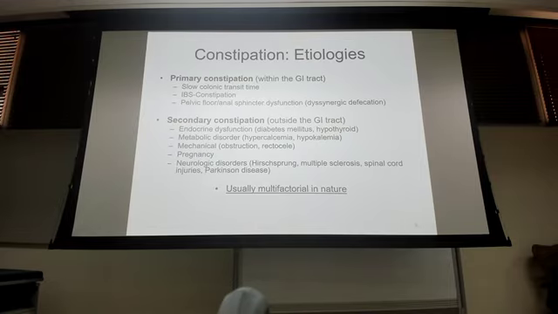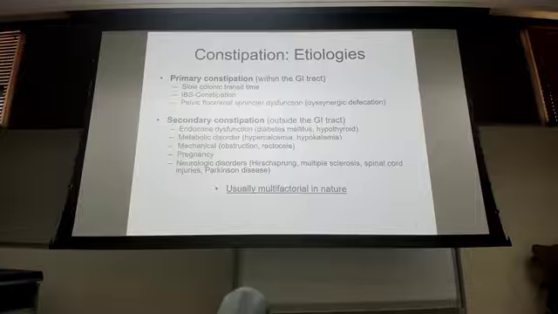Secondary constipation outside the GI tract, think endocrine, diabetes, hypothyroid, metabolic disorders, hypercalcemia, hypokalemia. So sometimes medications, as we know, can lead to some of those electrolyte and mineral imbalances. So if you start getting high calcium in the blood or low potassium, then you can get constipation.